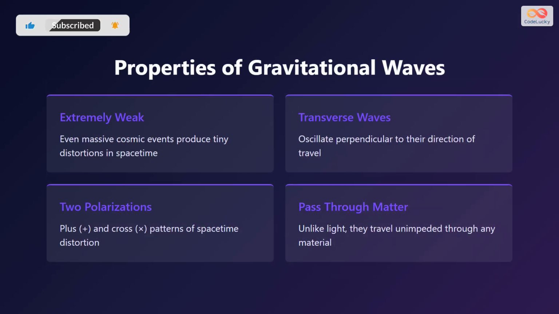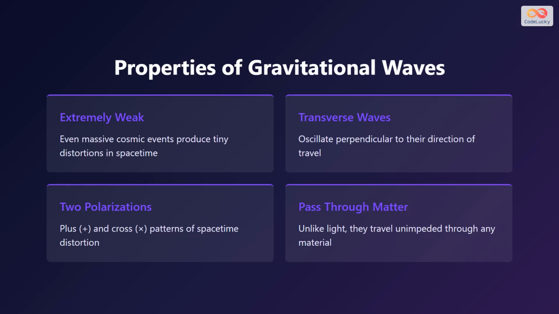Gravitational waves have several unique properties that make them both fascinating and challenging to detect. First, they are extremely weak. Even the most massive cosmic events produce only tiny distortions in spacetime by the time the waves reach Earth. Second, gravitational waves are transverse waves, meaning they oscillate perpendicular to their direction of travel.